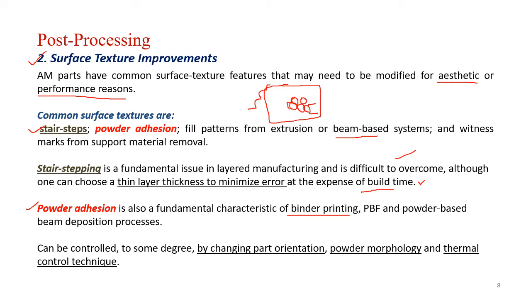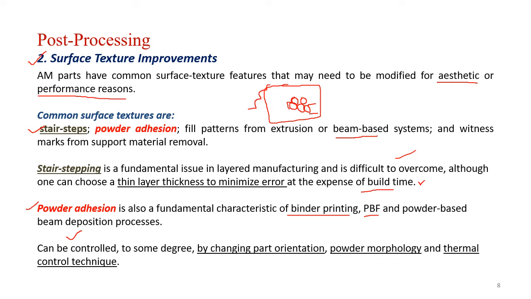Because we get a very small surface area. So in the case of BBF and powder based deposition, this can create some problems. Mainly because of the powder, we can't control the powder in fine particles. To some degree we can control, but at a very fine level we can't control it.